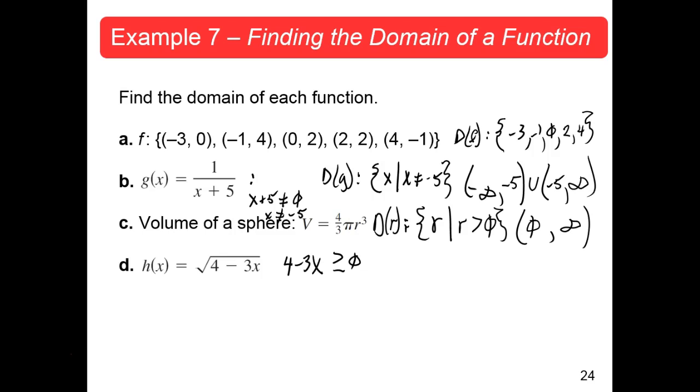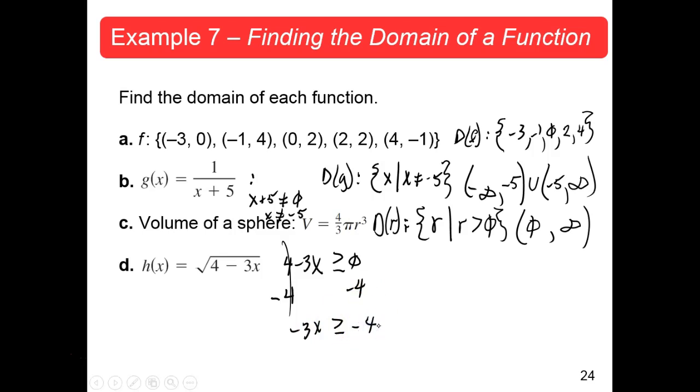So what do we do? How do we solve it? Subtract 4 from both sides. Okay, I'll buy that. The left-hand side becomes negative 3x is greater than or equal to negative 4.